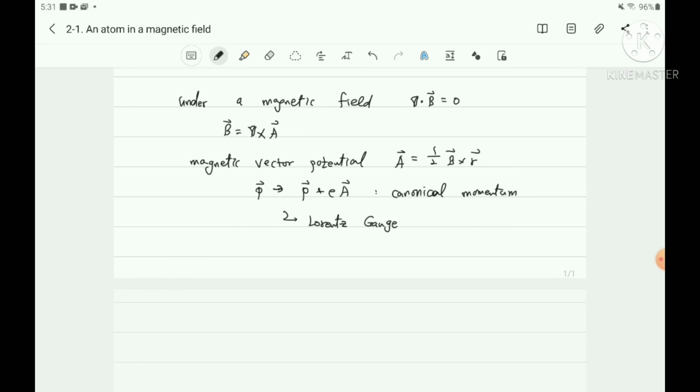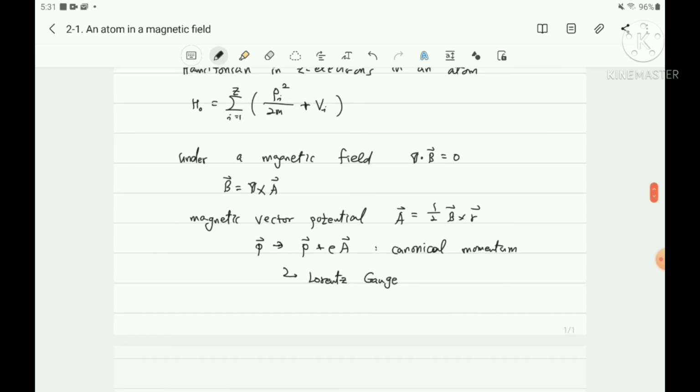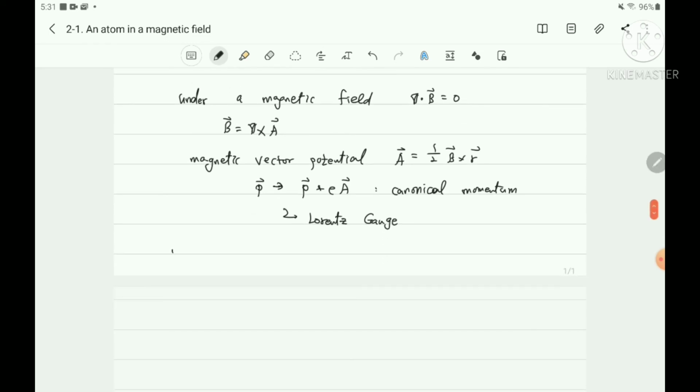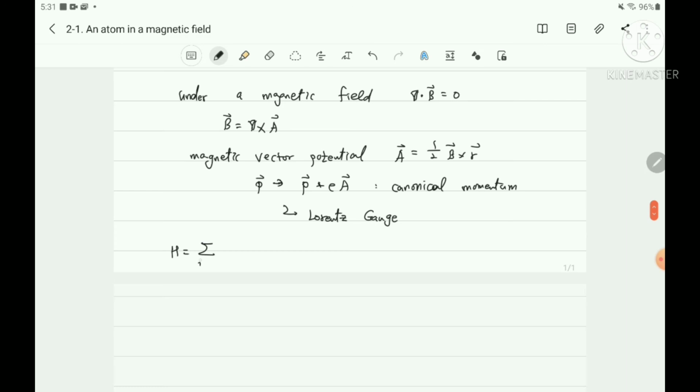And here, when we substitute this gauge into the Hamiltonian, let's define it not as H0 but as H. H means that we are applying a magnetic field. Therefore, the summation runs from 1 to Z electrons, and the momentum should be p_i plus e A(r_i), where A is a function of r_i, and it is squared.